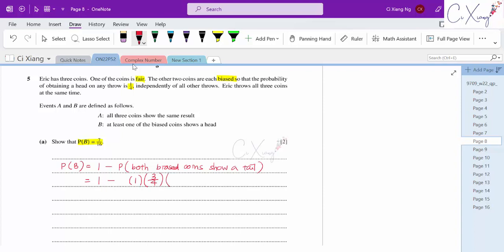Then for the next one, the biased coin also shows a tail, the probability will be 3 over 4. Alright, so when we simplify all the values here, I will take 1 minus 9 over 16. And from here, very easily we'll get 7 over 16.